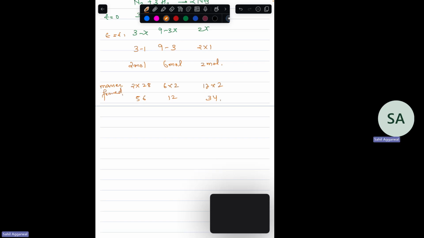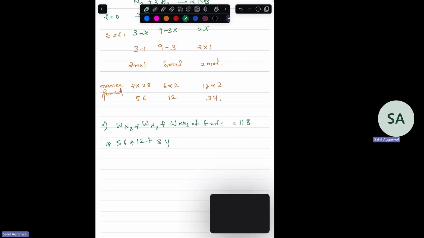अब देखते हैं फर्स्ट क्वेश्चन क्या रहा है. W of N2 plus W of H2 plus W of ammonia at T equals to T1 is 118. Is it 118? देख लेते हैं. 56 plus 12 plus 34.